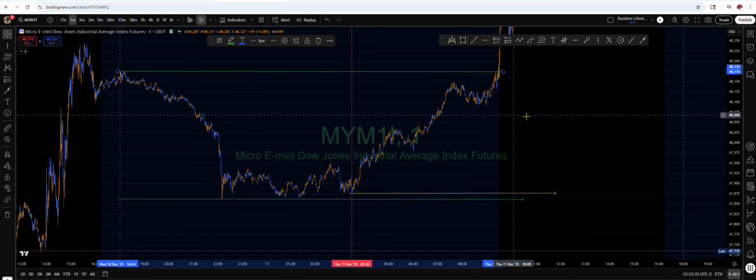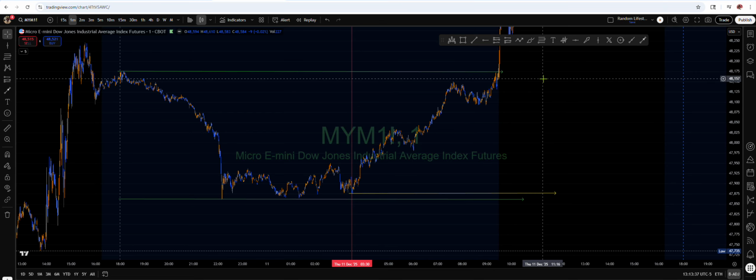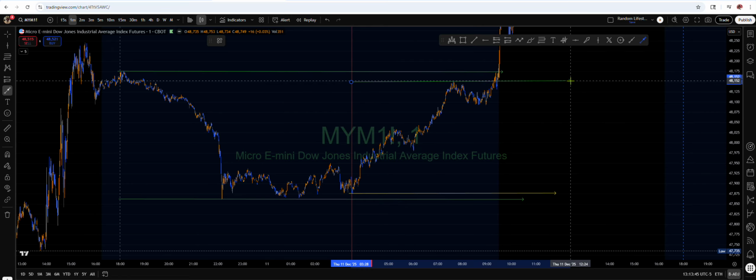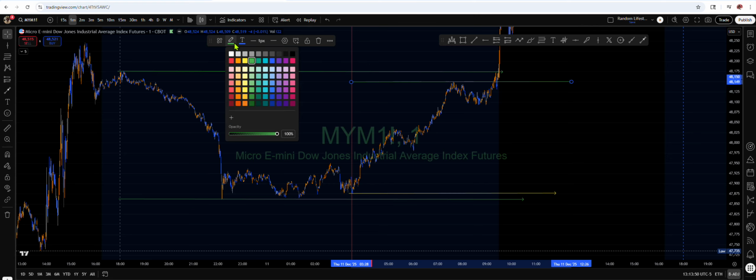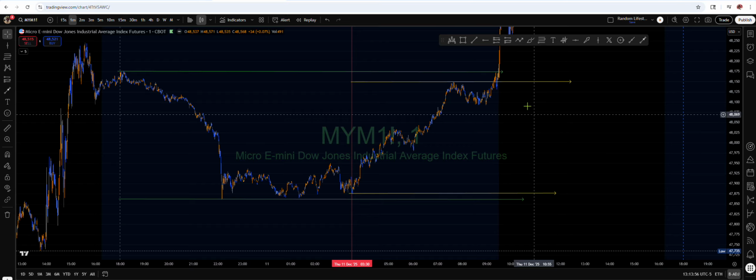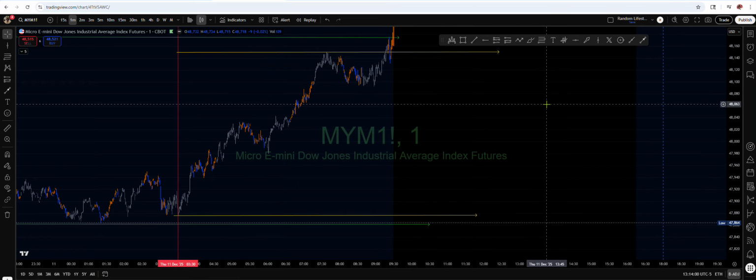It's supposed to be green. And then we have London. So Asian lower low and London higher high.